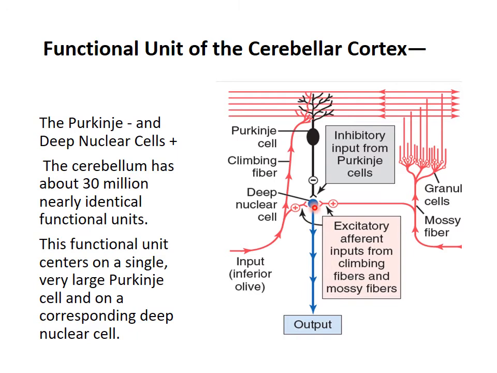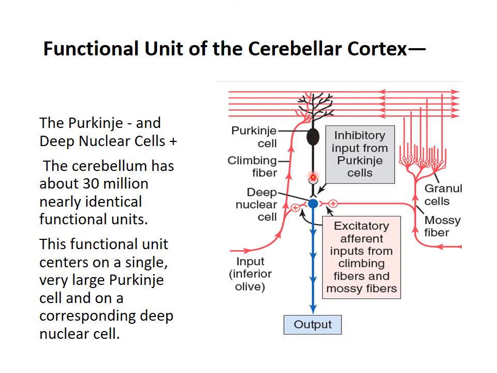Granular cells are under the influence of the deep nuclear cells, and these parallel fibers communicate with the dendrites of the Purkinje cells. So excitation goes to the Purkinje cells, excitatory impulses coming this way, but the Purkinje cell output is inhibitory in nature.